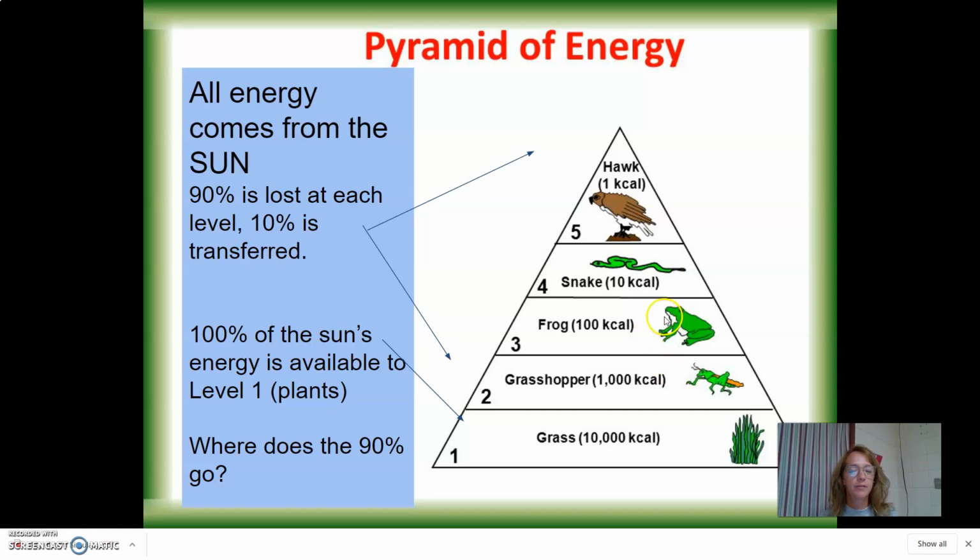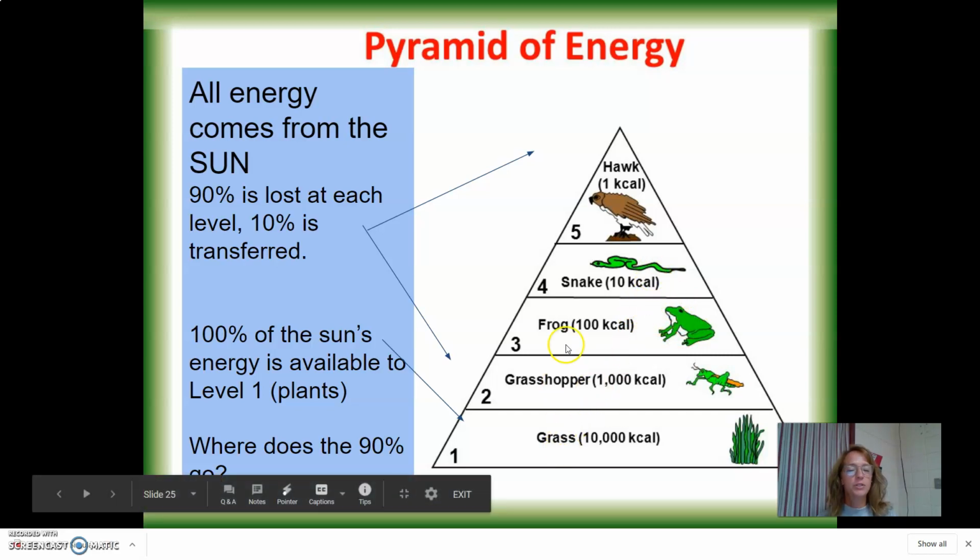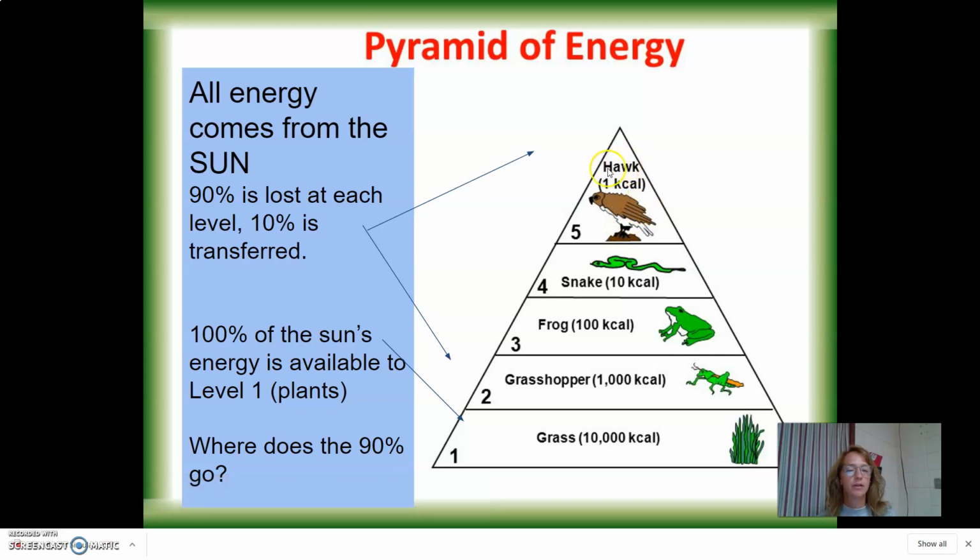The frog will have to eat lots of grasshoppers in order to survive, but he'll use a lot of the energy for his own life processes. And when the frog gets eaten by the snake, only 10% of what the frog has consumed gets to go up. So food chains are never very long because the higher up you go, the fewer calories there are left for that next level of consumer.